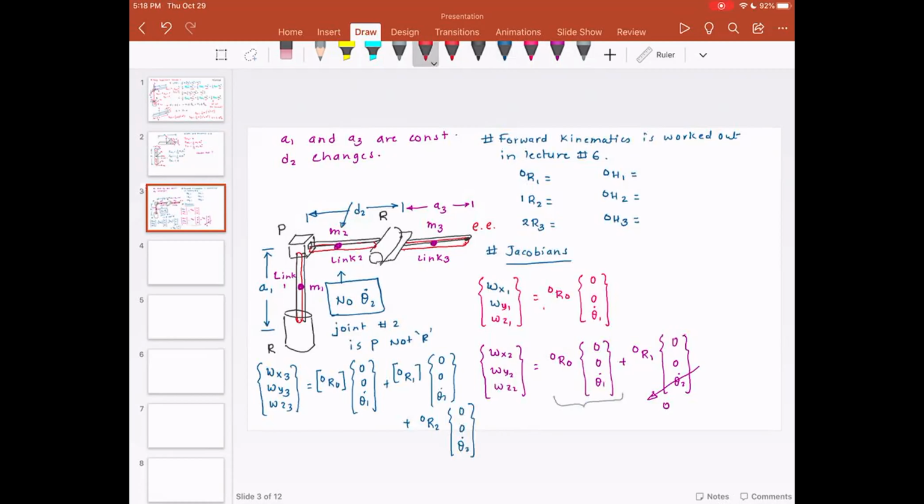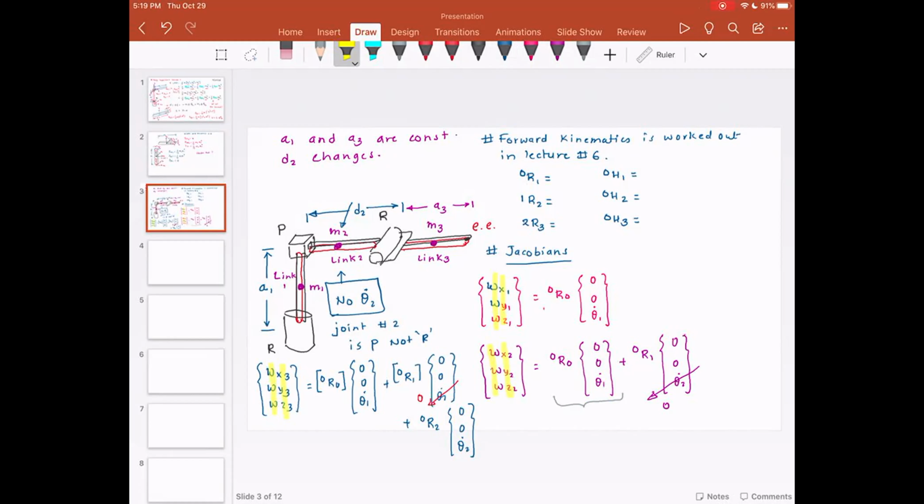And here, once again, there is no theta 2 dot, so this term is going to be 0. You are going to need omega x1, omega y1, omega z1, and these terms are needed to find the rotational kinetic energy.